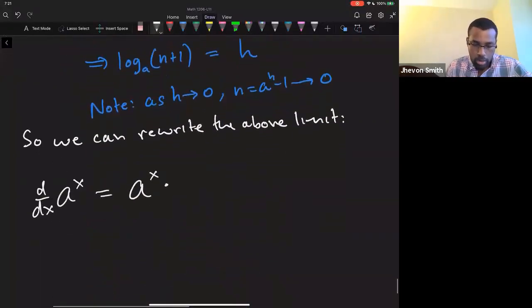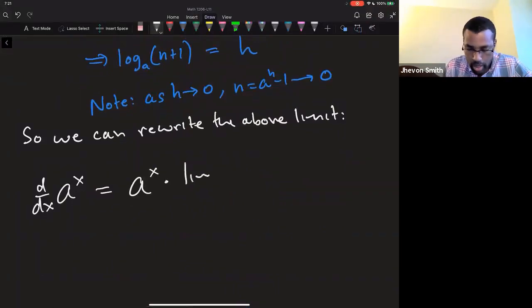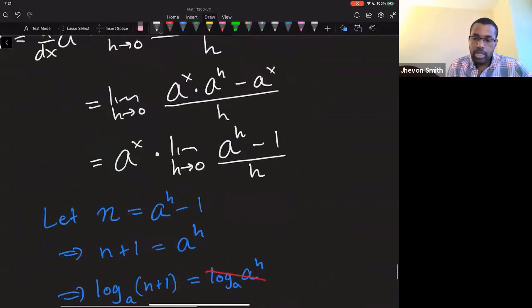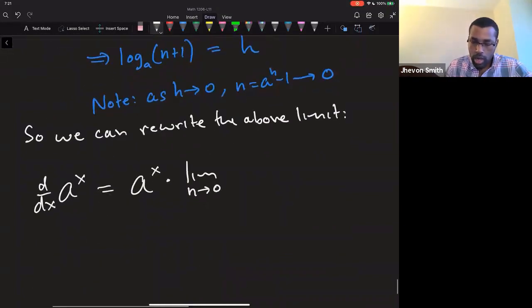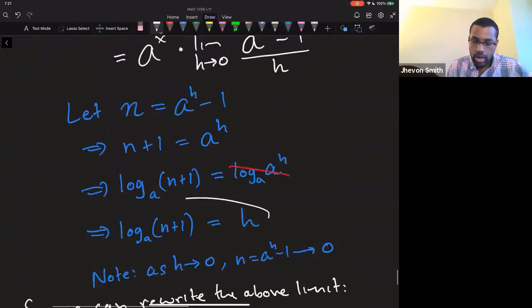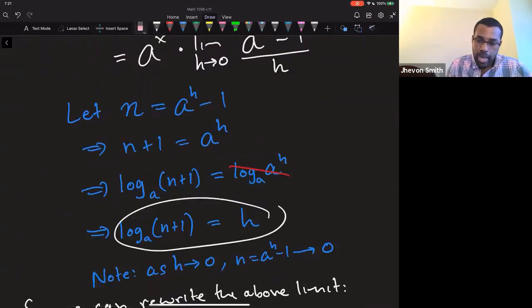I'm going to change the variable to n. So as h approaches 0, it's equivalent to n approaching 0. And my a to the h minus 1, I replace that with n. And then right here, I realize that my h can be replaced with this logarithm.